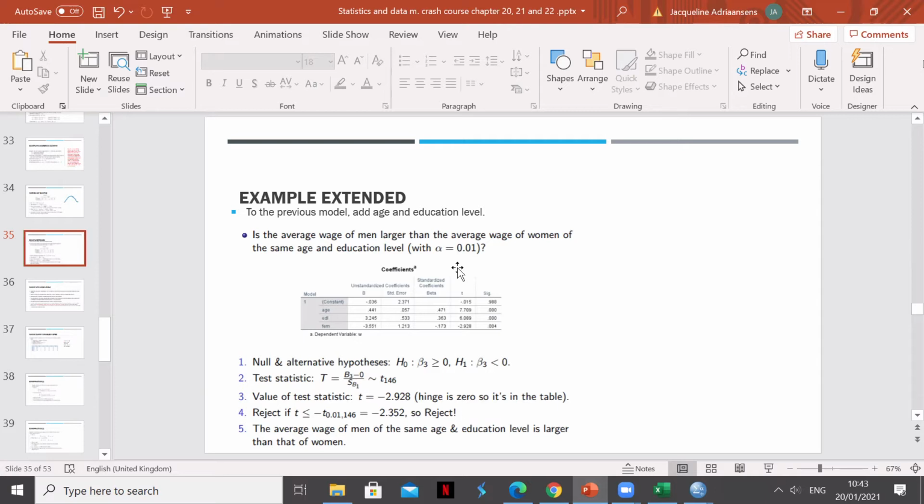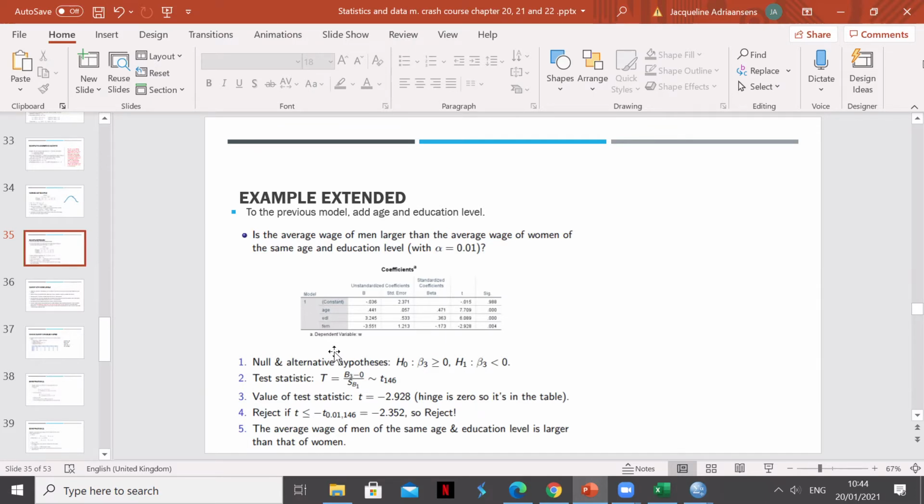But remember, we have a female dummy, thus the beta 3, taking fem as the third variable, is going from a male to a female. Thus, if we want to test that the average wage of men is larger than that of women, if we go from male to female, then we have to go down in wage, because that's our dummy variable, fem, female.